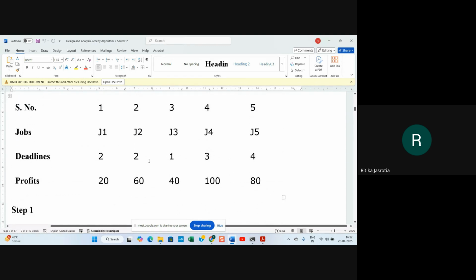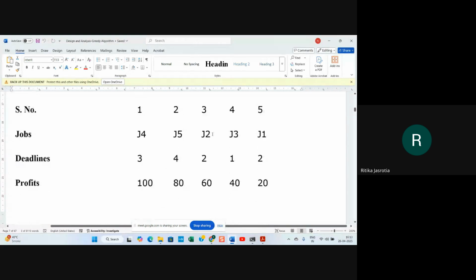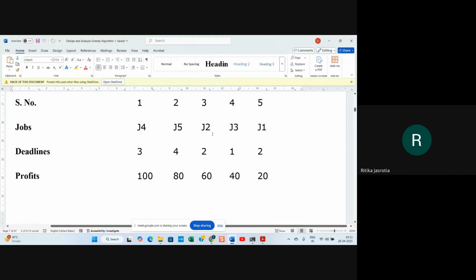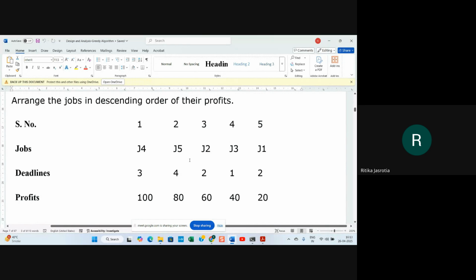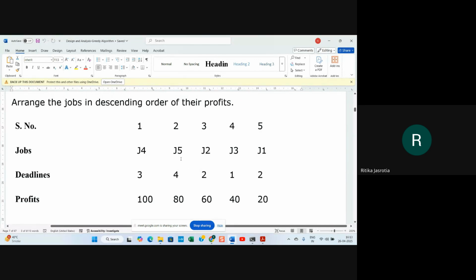So descending order of their profits, if we do that, so J5 should come here. So according to profit, if we put the jobs, J4 as 100, J5 as 80, J2 is 60, J3 is 40, J1 is 20.